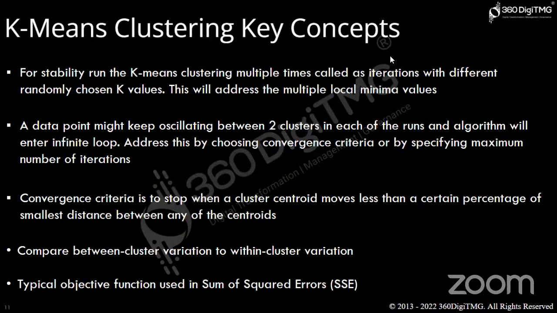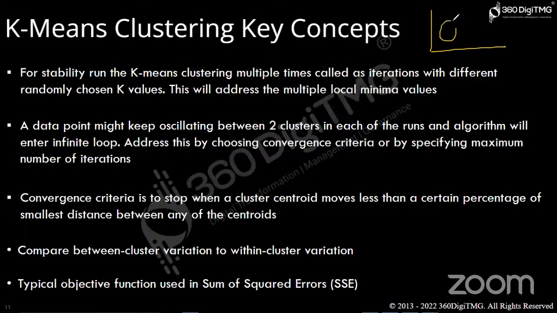So what are the key concepts in k-means clustering that we have to understand? Sometimes, if I have some data here, these are 2 clusters. But there will be some data point in between that will be oscillating between these 2 clusters, so I cannot get any result from this.